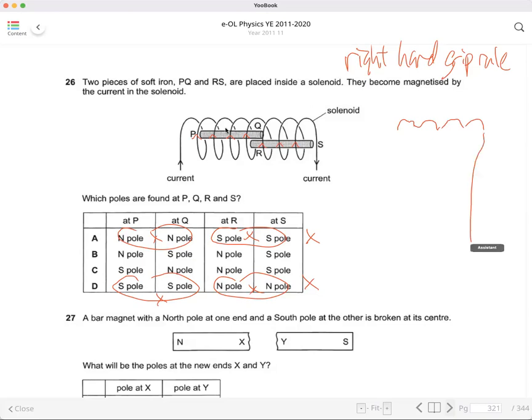I also don't know how to draw. Your thumb will be pointing this way. Can you see? Your fingers go behind. Can you see this is your thumb?